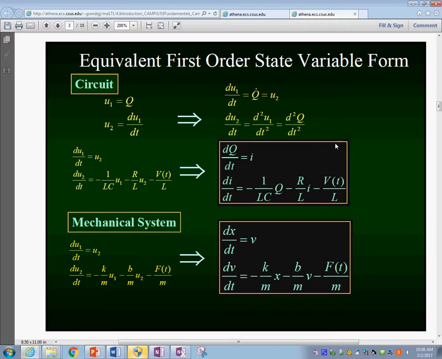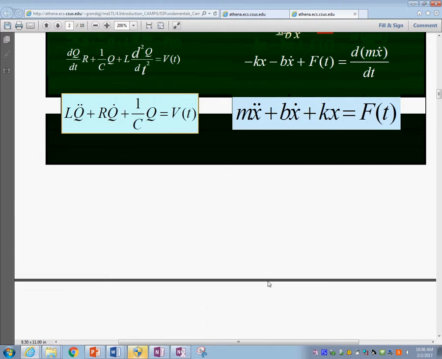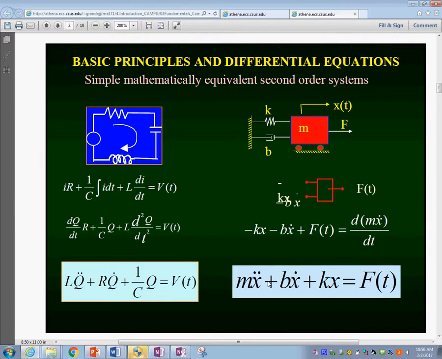This is the circuit here, and this is the mechanical system. The point of showing you this is that the circuit on the left hand side of this picture has the same format of differential equation as the one on the right.